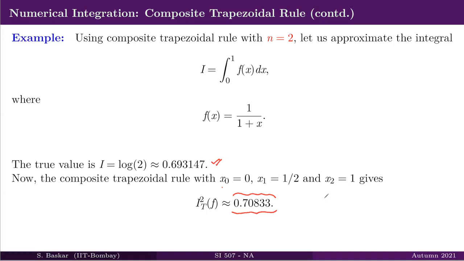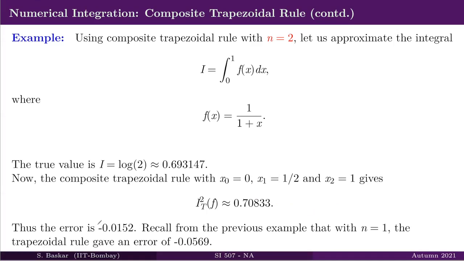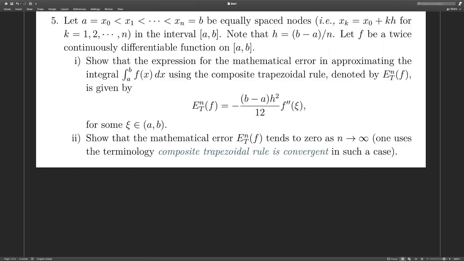If you recall, in the trapezoidal rule, we got 0.75. And here we got a much better approximation, which involves the error minus 0.0152. If you recall, in the trapezoidal rule, we got minus 0.0569.